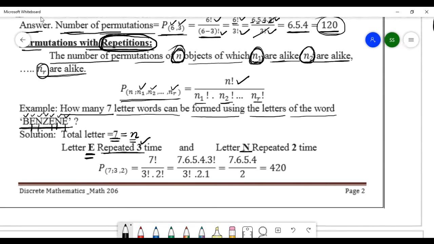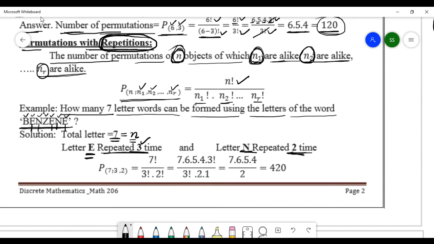So this n is repeated 2 times. Okay, then how to write? And the rest are all one time each. So no matter there, no problem there. Only see repetitions. E repeated three times and n repeated two times.